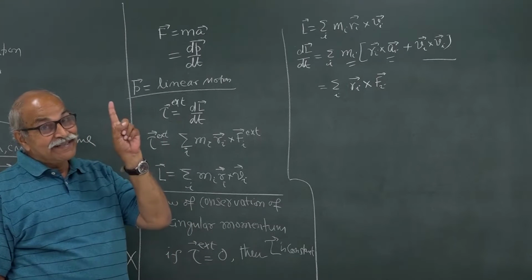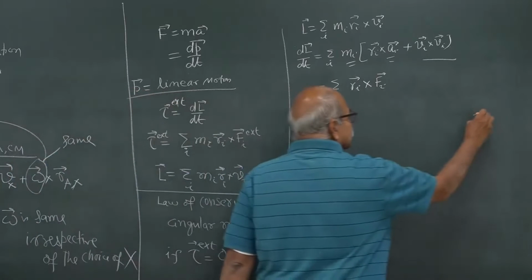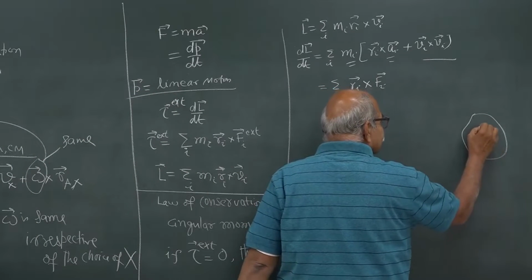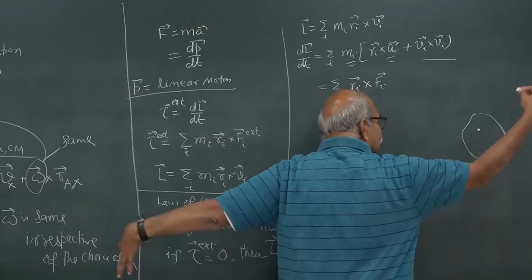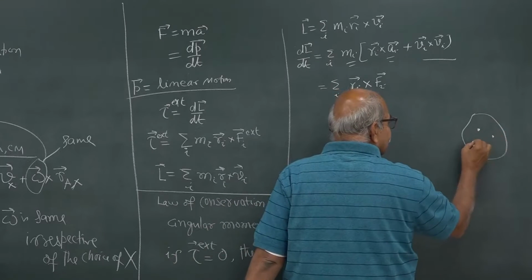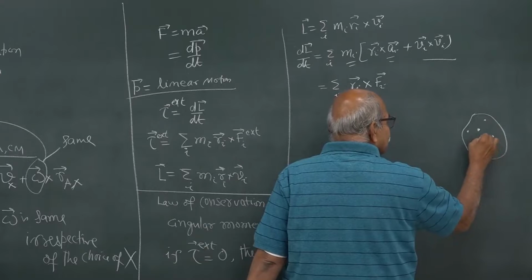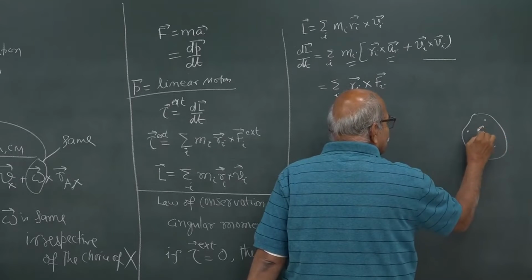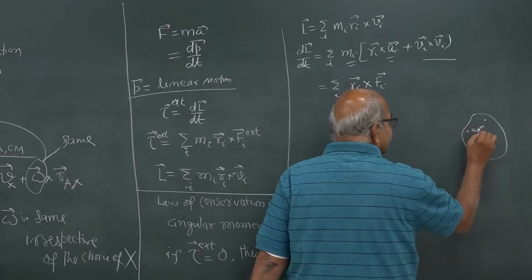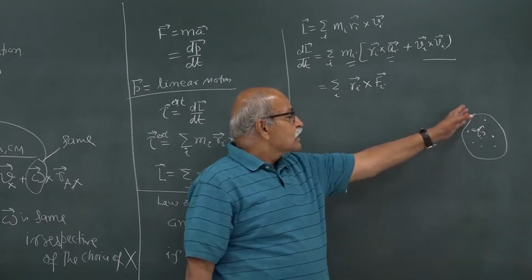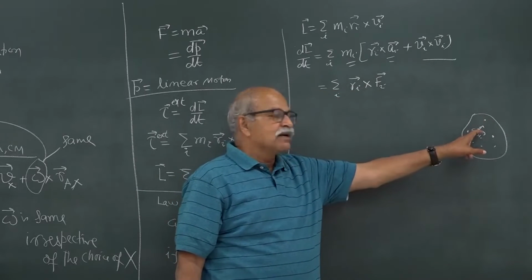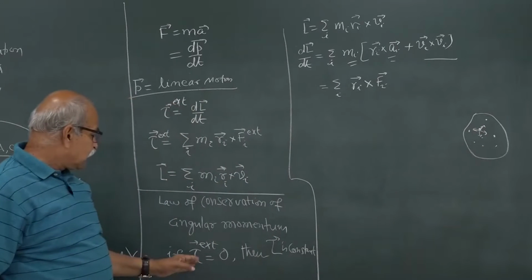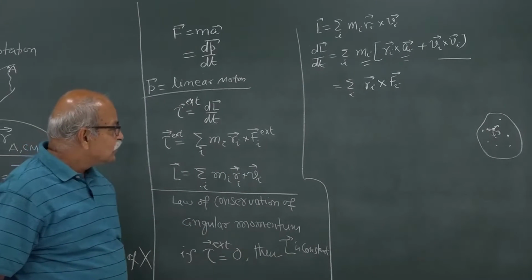So, if you have a rigid body and then you have a particle here, there are various forces on this, some applied from outside and others applied by these other particles. This particle is attracting, this particle is attracting, and so on. So, these are the internal forces on this particle. Our conservation law will be, if torque external is 0, then L is constant.